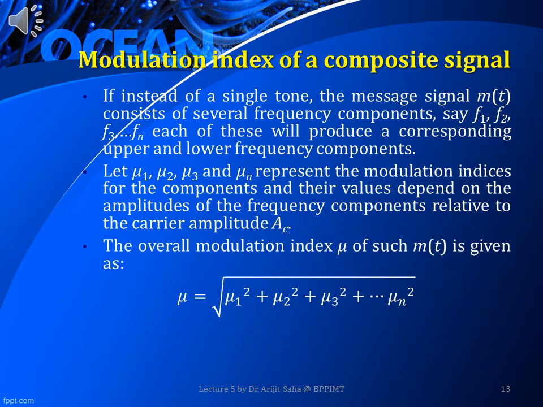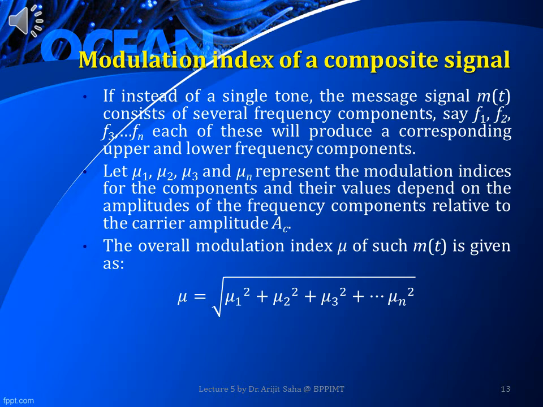So we can say if instead of a single tone, the message signal m(t) consists of several frequency components, say f1, f2, f3 up to fn, each of these will produce corresponding upper and lower frequency components.